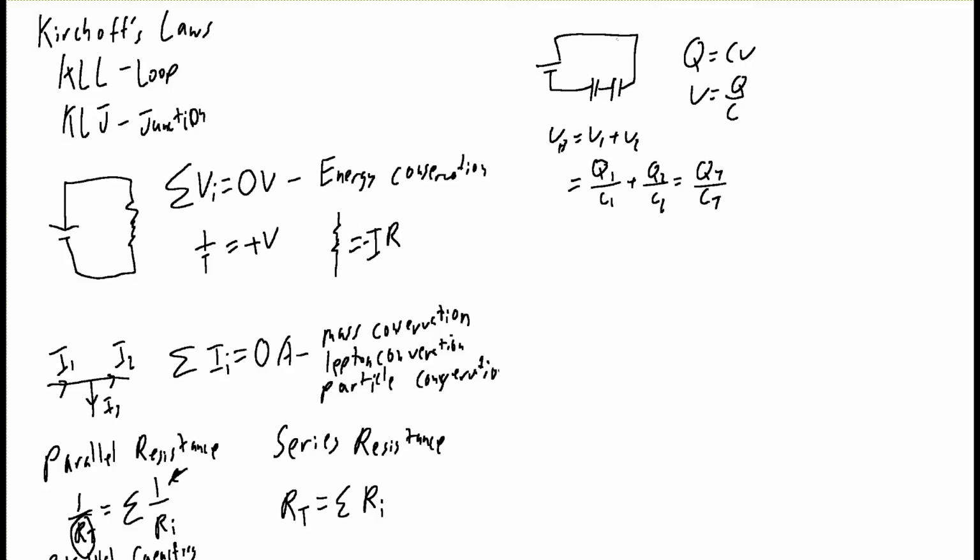So whatever this Q is and whatever that Q is, they have to be the same. Otherwise, if Q2 is greater than Q1, it had to pull charge from nowhere, and that doesn't make any sense. Q2's charge came from Q1, that came from the battery. So all these Q's are the same.